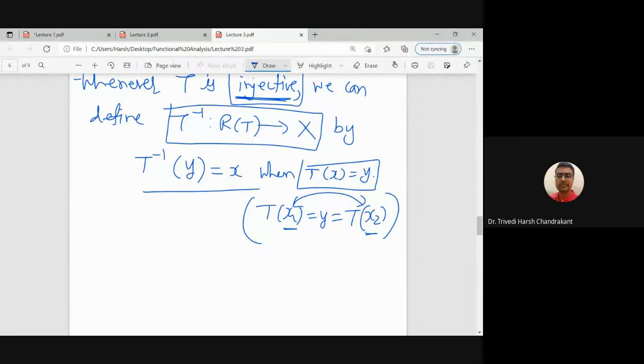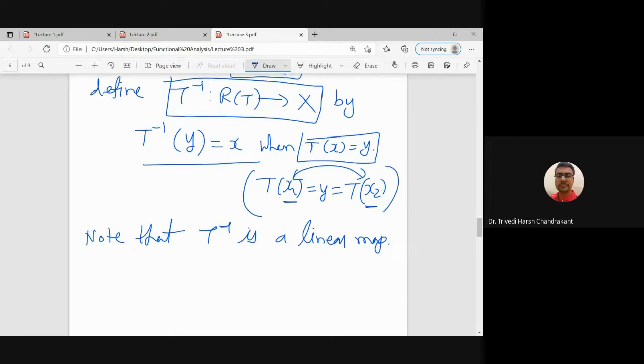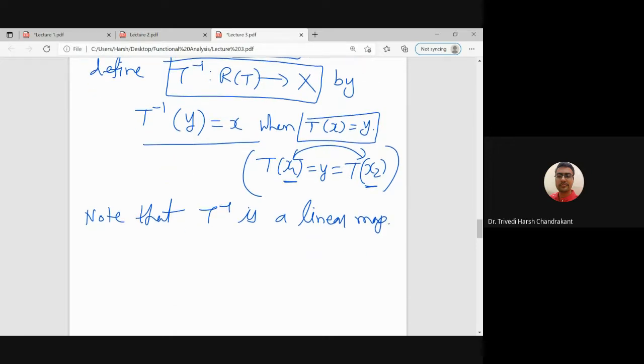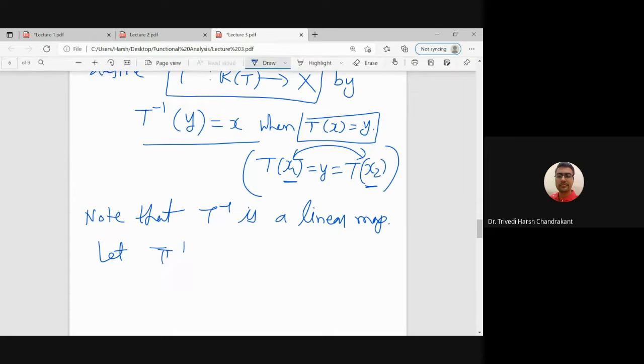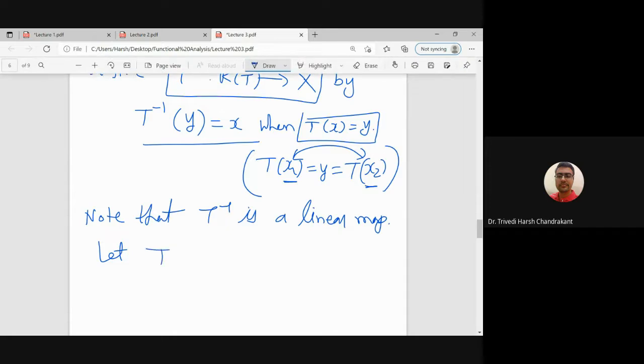That is true. Note that T inverse is a linear map, and the verification is very simple. If we take two elements, let T inverse of y1 be x1 and T inverse of y2 be x2.